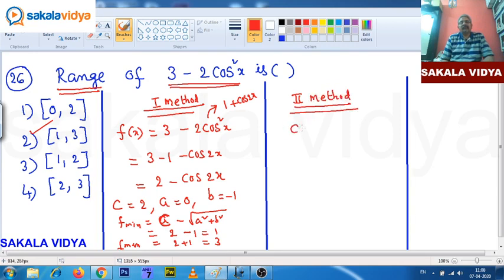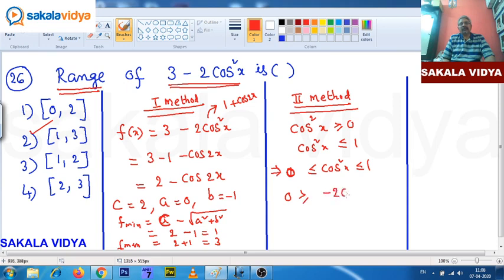See, cos square x is always greater than or equal to 0, and cos square x is always less than or equal to 1. So, that means 0 is less than or equal to cos square x, which is less than or equal to 1. Multiply with minus 2: 0 is greater than or equal to minus 2 cos square x, which is greater than or equal to minus 2.